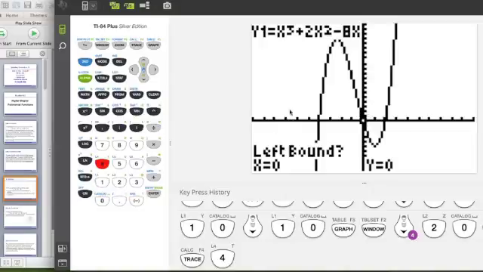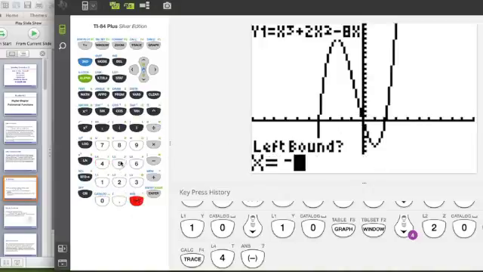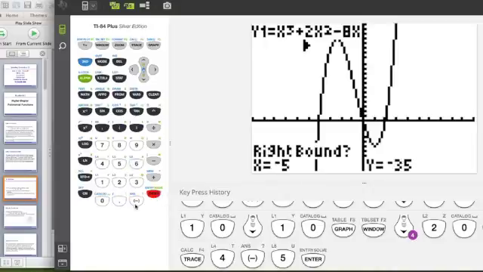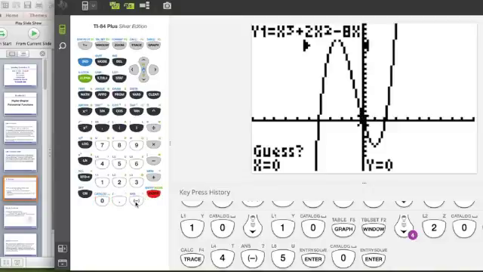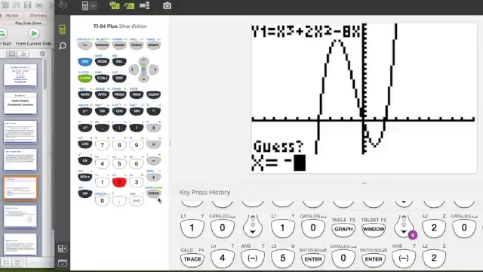We want a left bound, some number to the left of that point, and a right bound, a point to the right. So we'll go negative 5 appears to be on the left side. 0 appears to be on the right side. And then we'll take a guess at negative 2.